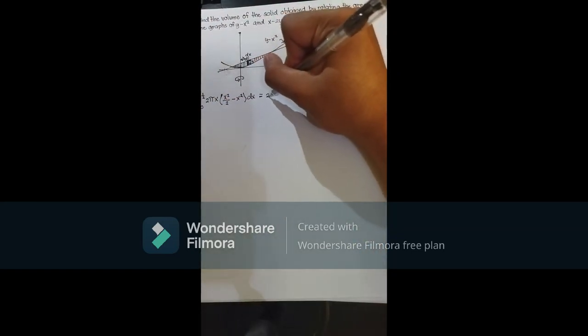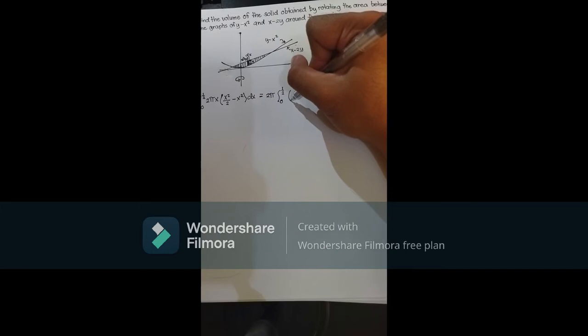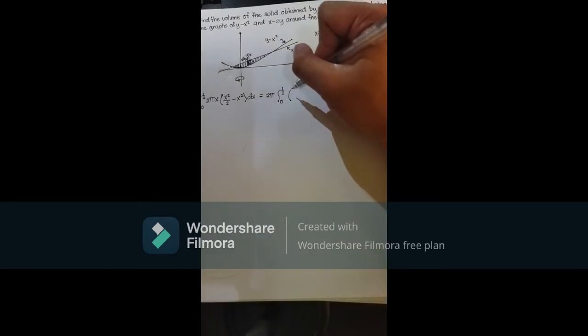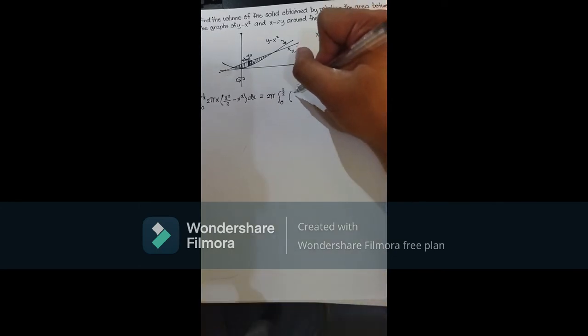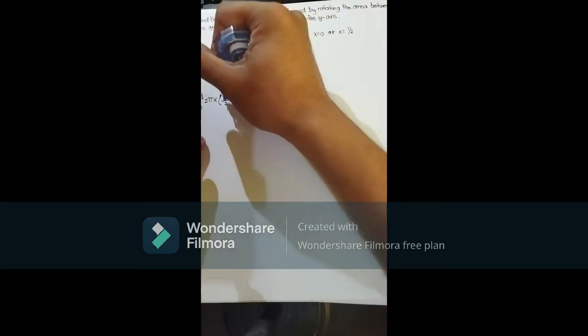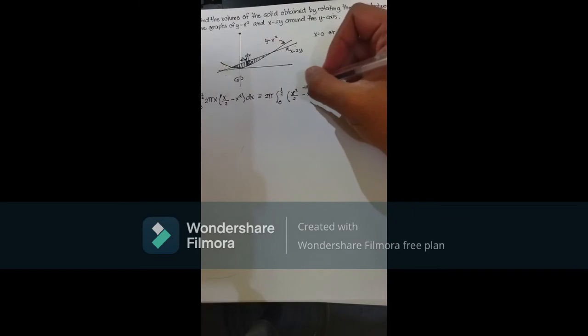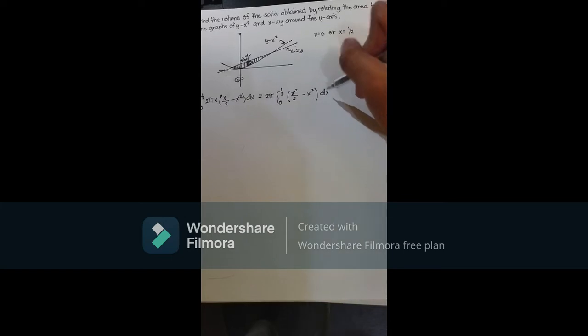So put 2 pi out. They are the constants. The limits are 0 to 1/2 and integrate. I forgot the given is x over 2 only. So if we integrate, it is x squared over 2 minus x cubed dx.